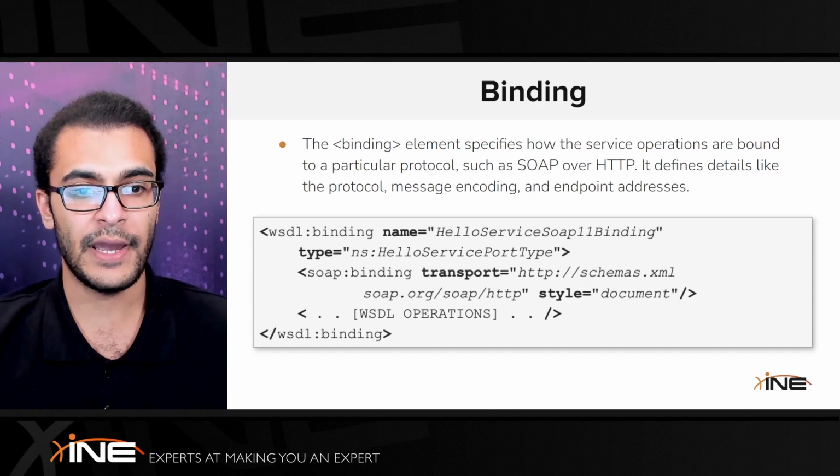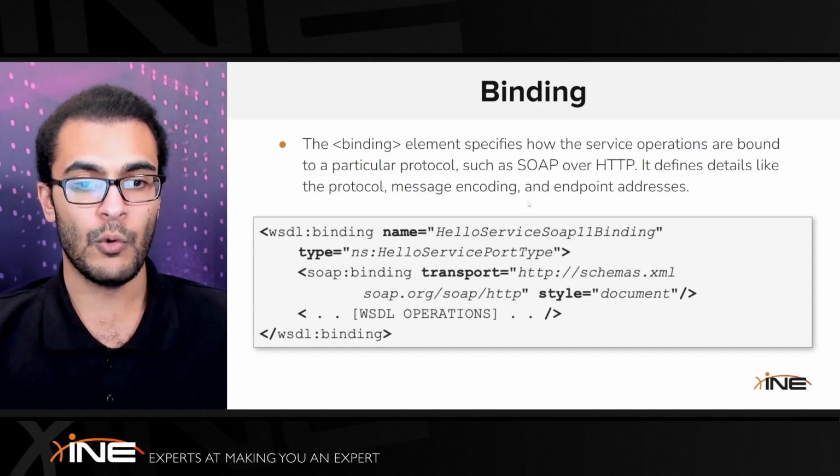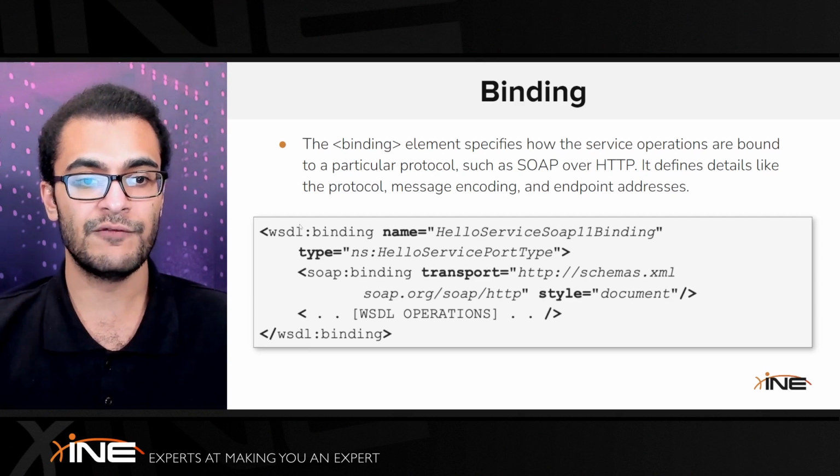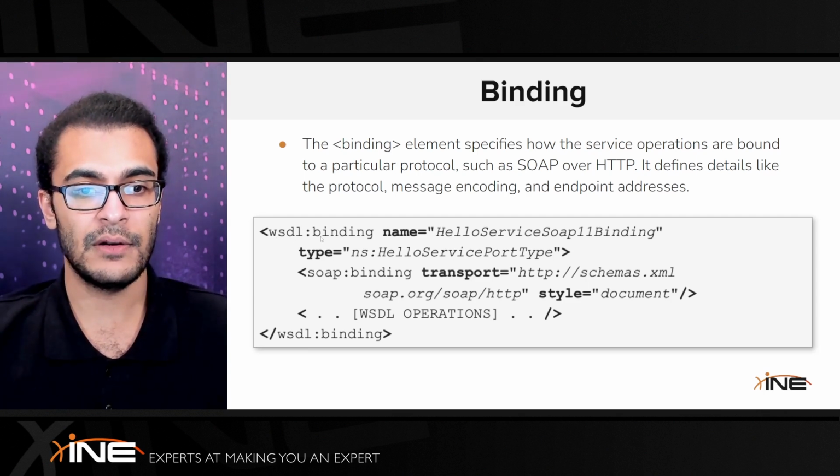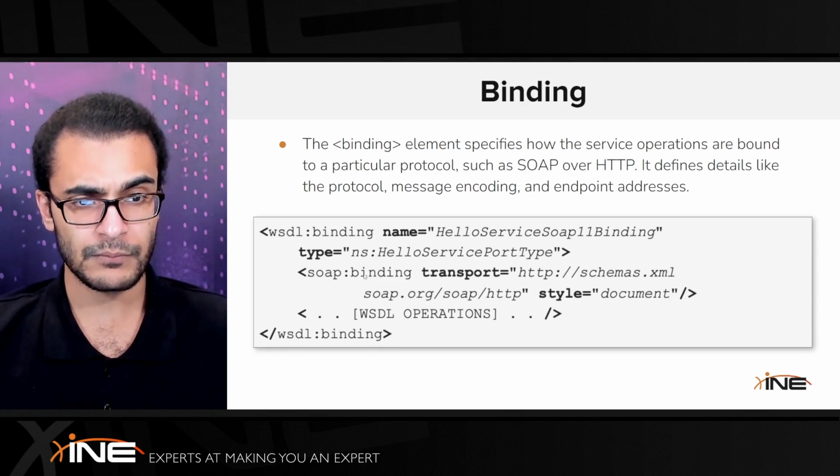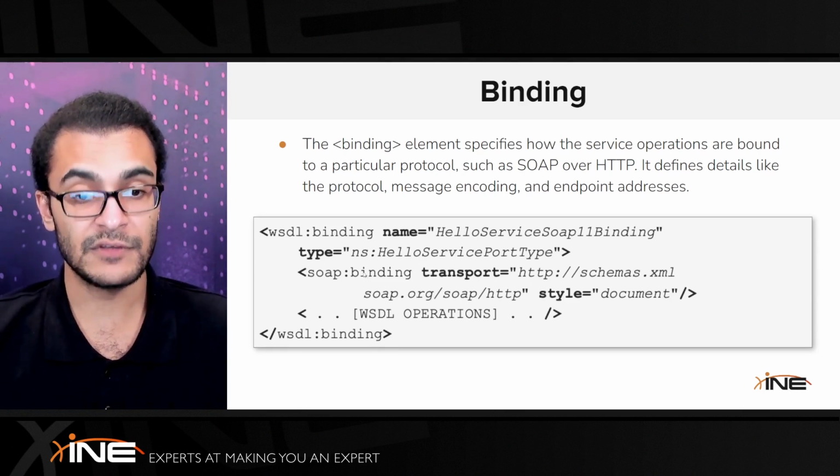If you take a look at what is highlighted in bold here, you can see firstly we have WSDL binding, and then the name is set to HelloServiceSOAP11Binding. The type is set to HelloServicePortType, and then in here we have the service operation. You can see soap:binding transport equals HTTP, schemas.xml.